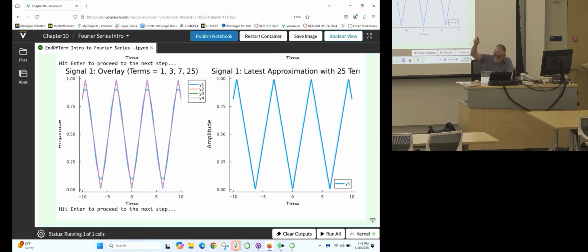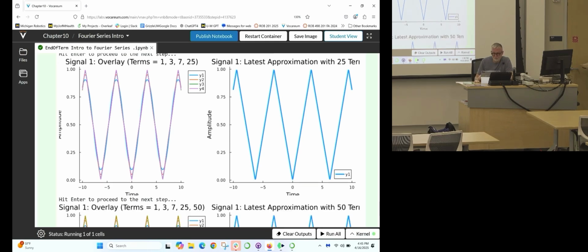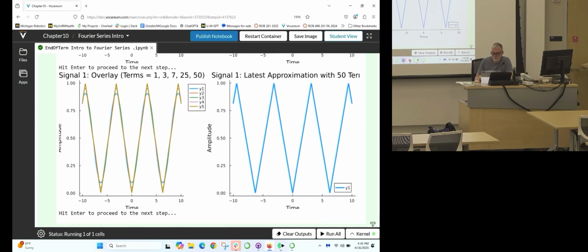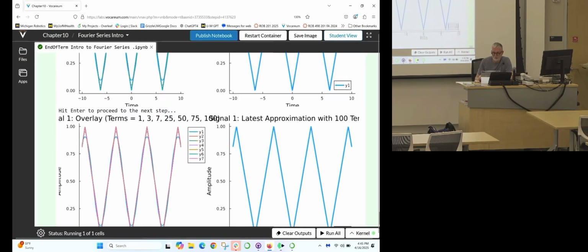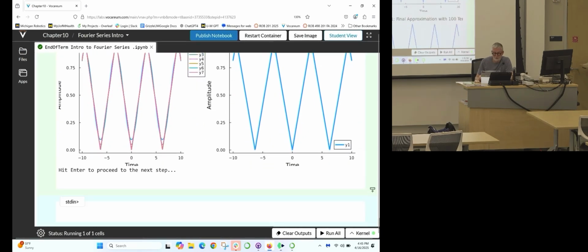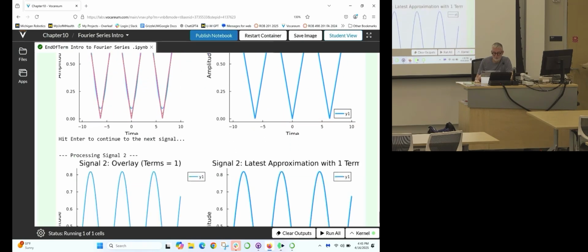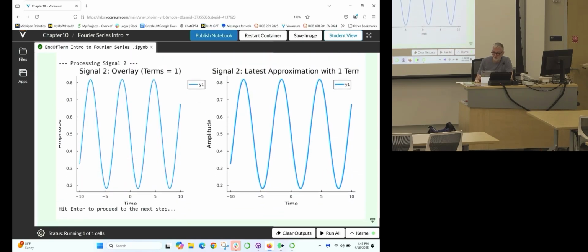The sawtooth has a discontinuity, just like the square wave has a discontinuity. A sawtooth has a discontinuity, then it goes up and comes back down. So that's the triangle wave. Now we get a new signal.